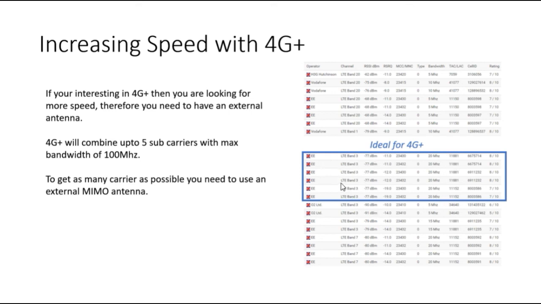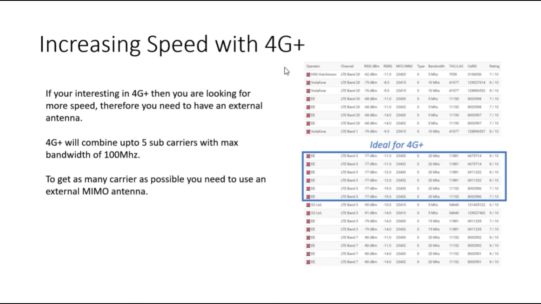But if you went with a 4G plus modem and plugged it into, say, the WAN port of the 3211, you'd be able to combine 5 of them together, giving you 100 megahertz of bandwidth. So you'll be looking at speeds orders of magnitude higher. Well, maybe not orders of magnitude, sorry. Orders higher than a single channel.